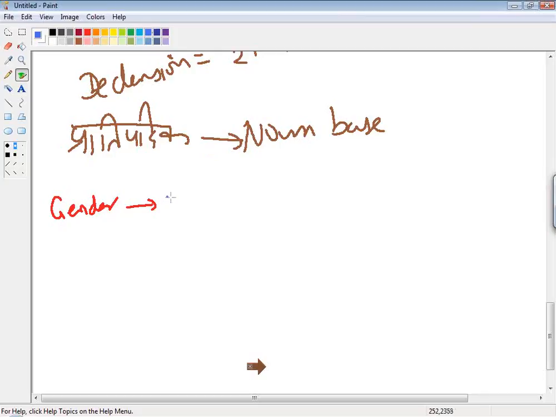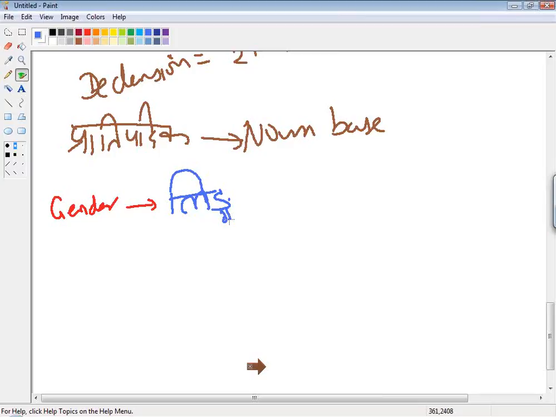Gender in Sanskrit is called linga. In English I don't know what gender means, but in Sanskrit, what does linga mean? Lingyate anena iti lingaha. That by which something is indicated. It indicates whether it's feminine or masculine. That's why it's called linga.